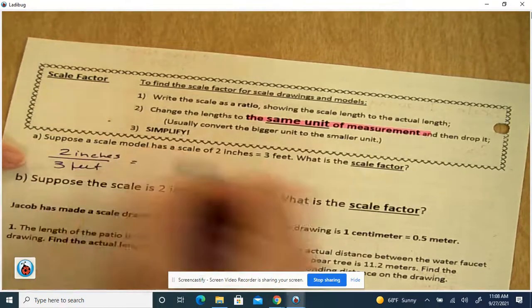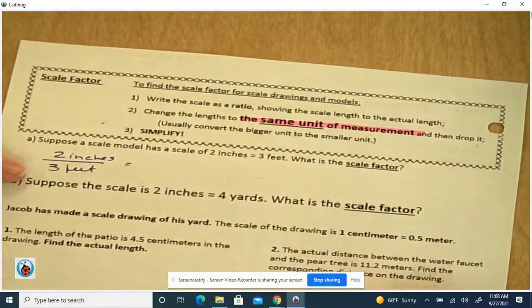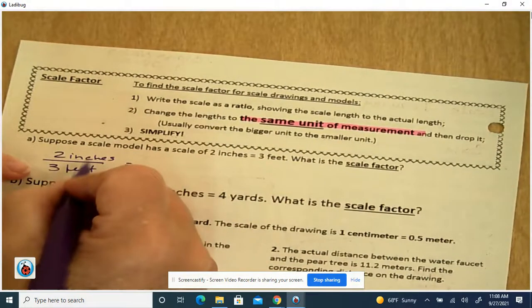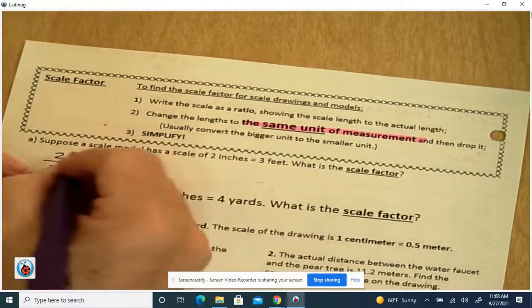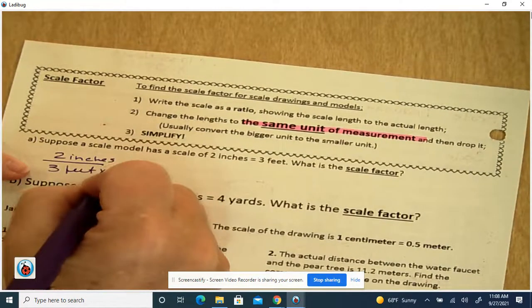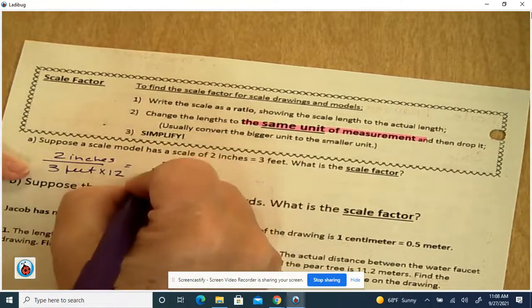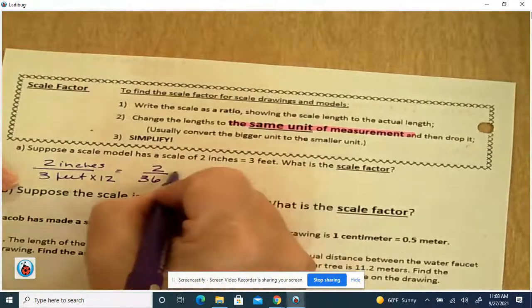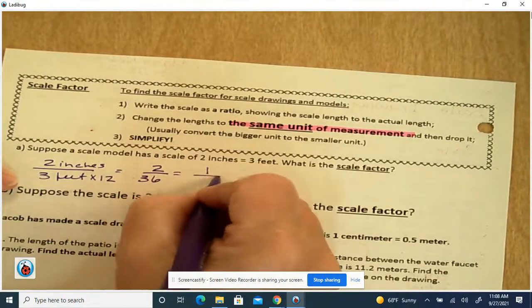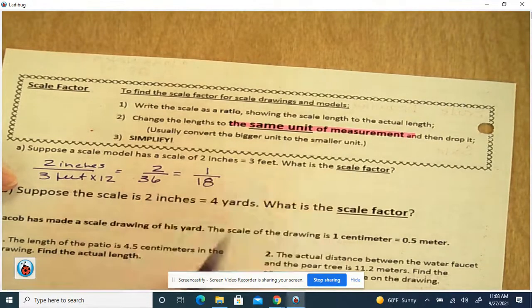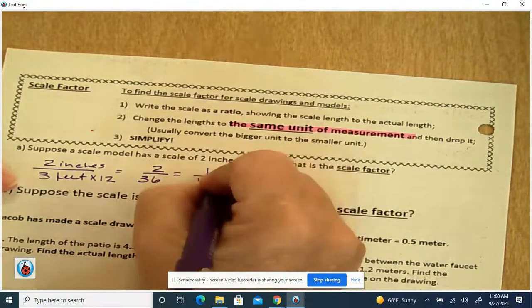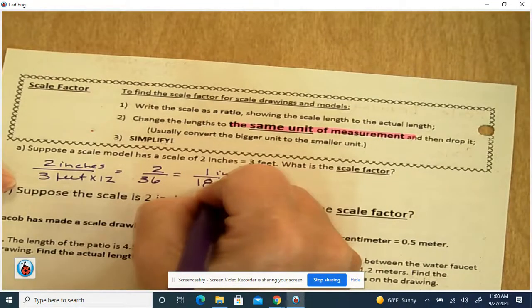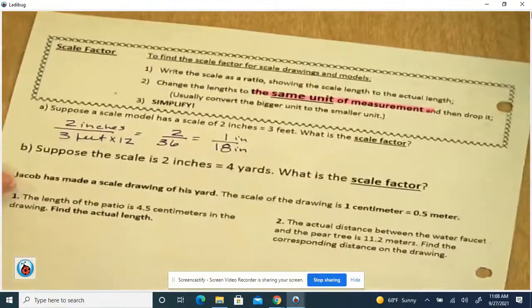So first thing we would do is convert to the same unit, which would be inches, and then 3 feet. There's 12 inches in a foot, so we'd multiply that by 12, and we would get 2 over 36. They're both now inches, and then we would reduce. The scale factor here is 1 over 18. So 1 inch equals 18 inches.